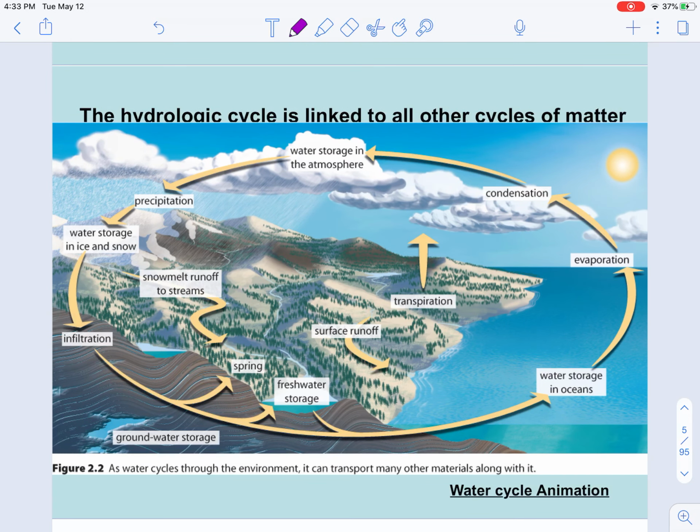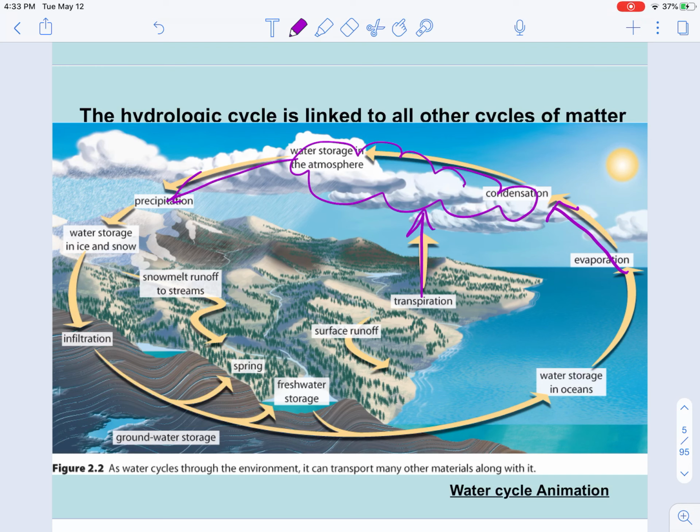The water cycle is something that is very familiar to most people. Basically, we've got water that's going up into the air from plants, that's transpiration, or from the ocean, evaporation. And as it condenses, it forms clouds in the sky.